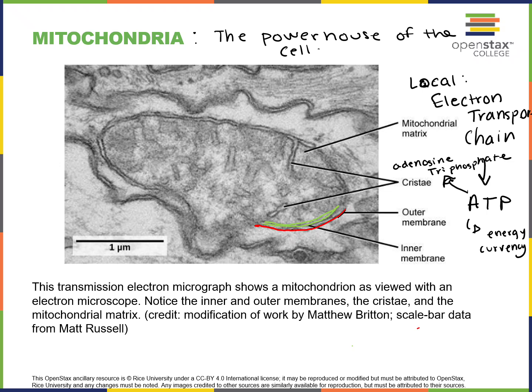Okay, so it has a double membrane existence, and then this space in between, we call this the intermembranous space. Okay, and then on the inside of that inner membrane is the mitochondrial matrix. Just keep that in your brain for when we start talking about glycolysis, energy production, all of that stuff.